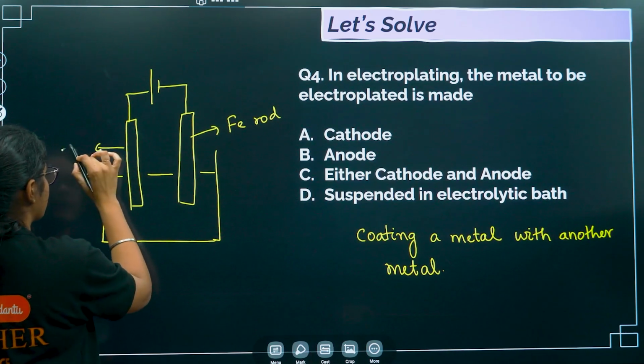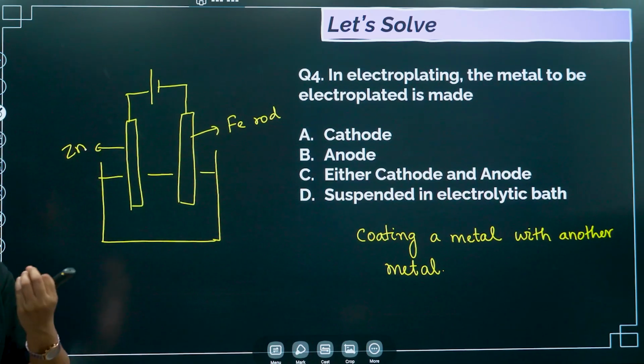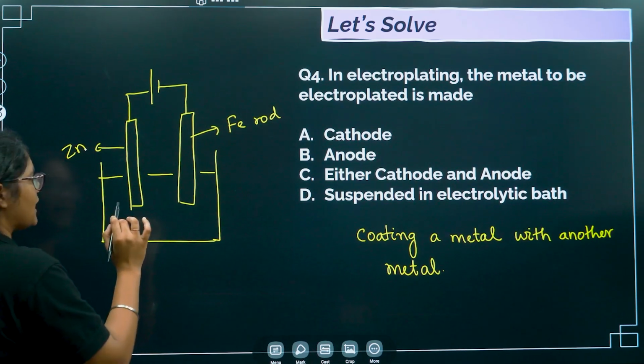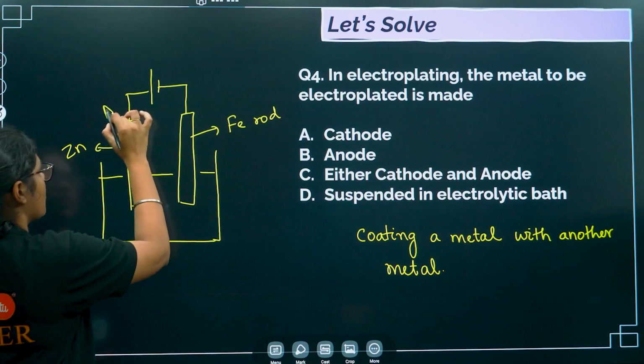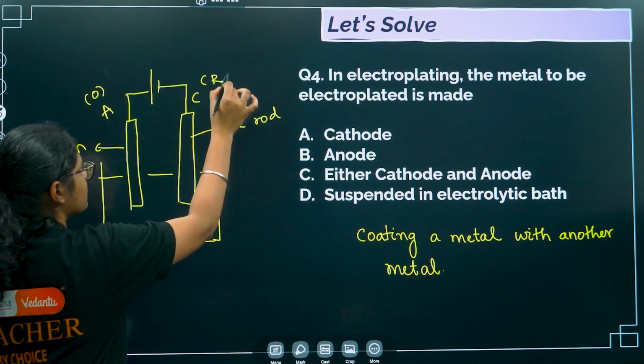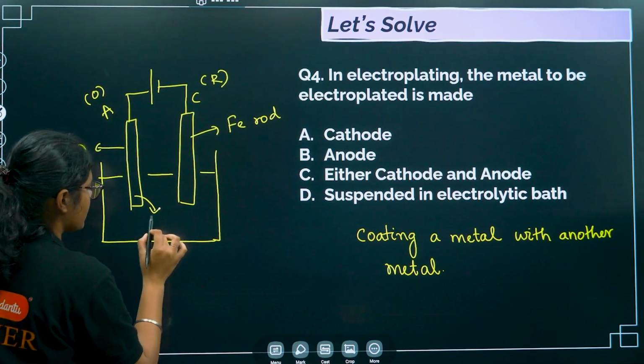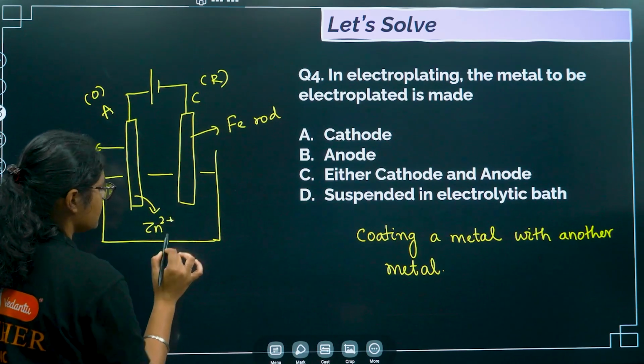So you should take zinc on this side and iron on this side. Now why does this happen? Let's see here. At anode oxidation will take place and at cathode reduction will take place. So zinc will undergo oxidation and it will come out of the rod as Zn2 plus, right?